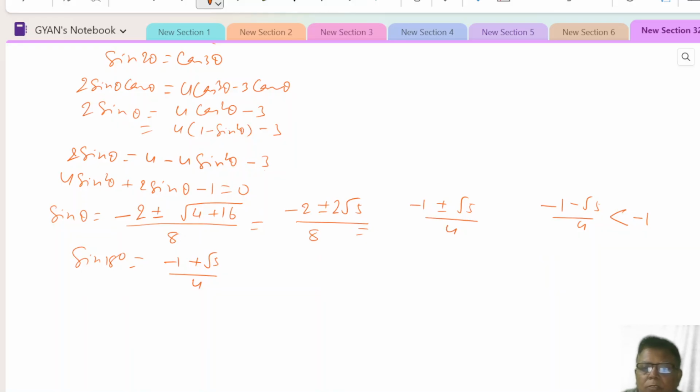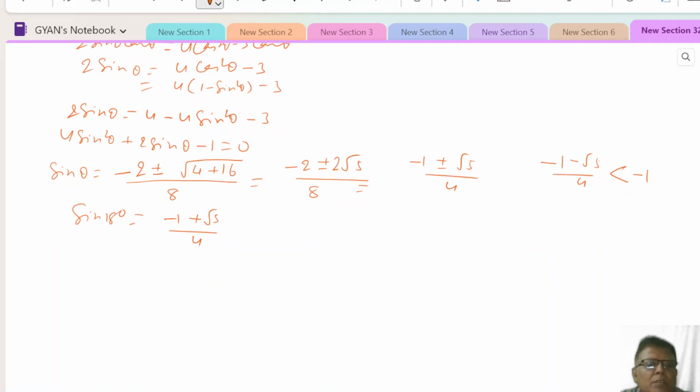So now you can find the value of cos 36 degree. Cos 36 degree is 1 minus 2 sine square 18 degree. So that will be 1 minus 2 into minus 1 plus root 5 divided by 4 square.